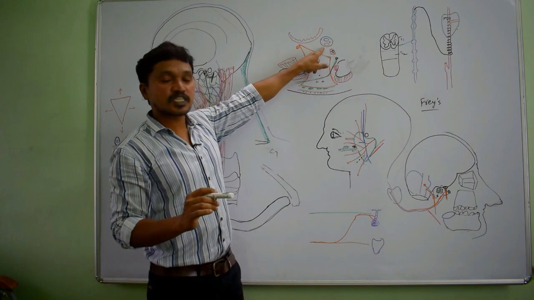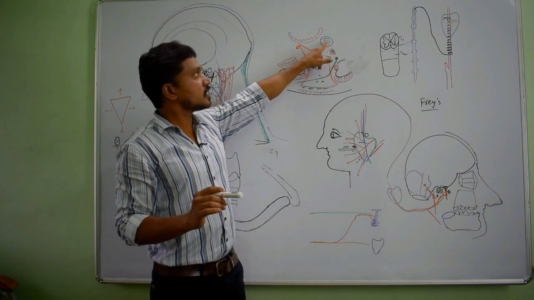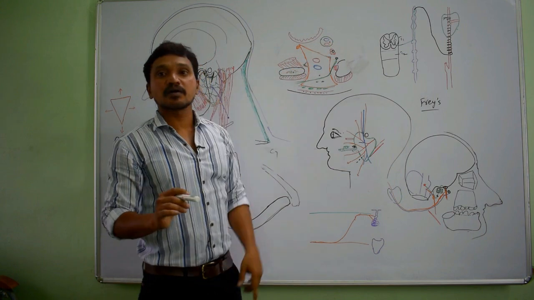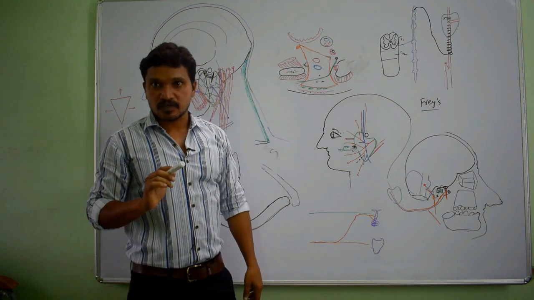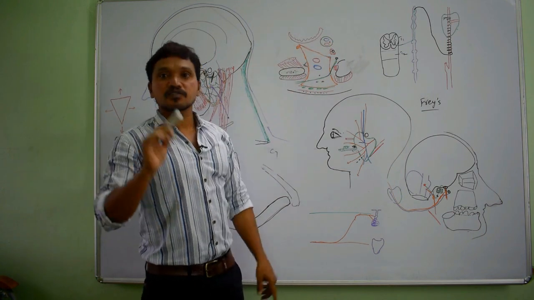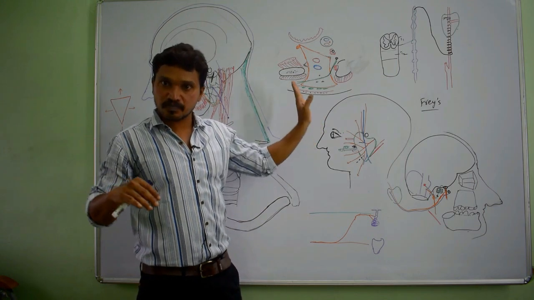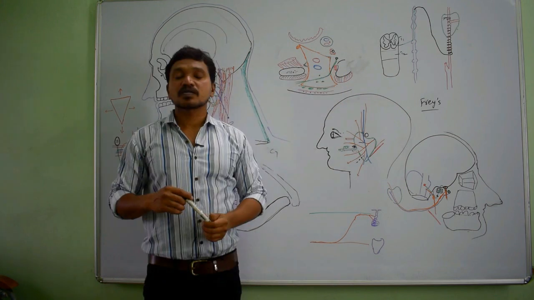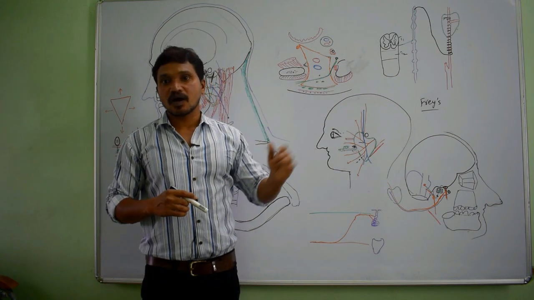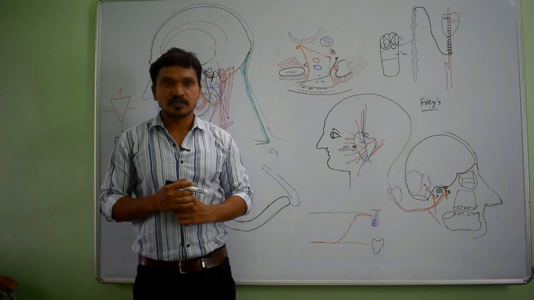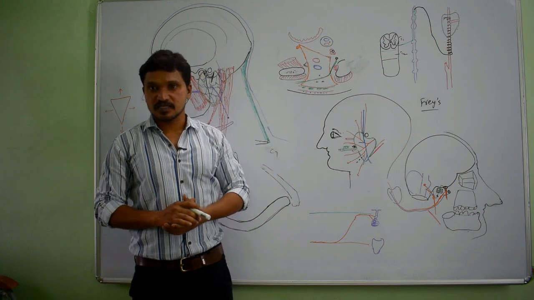Then carotid sheath and its contents: internal carotid artery, internal jugular vein, and last 4 cranial nerves. Of course, genuine content is vagus nerve only. Remaining 3 nerves, they pierce the carotid sheath and come out. Along with that, facial nerve and the transverse process of atlas, rectus lateralis. So these are the relations of posteromedial surface.